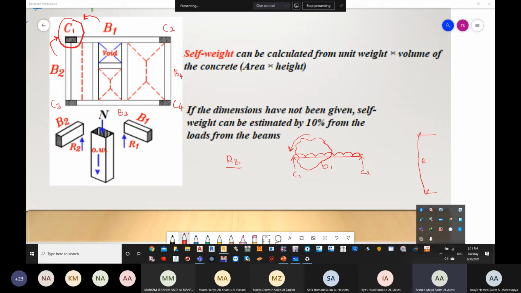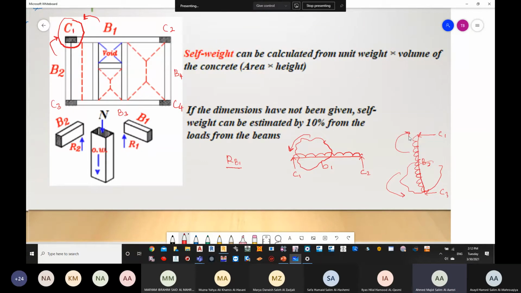this beam, which is beam number 2, is supported by C1 and C3. And we can see that half of the loading is going to go to this column or this support, and then the other half is going to go to the other support.